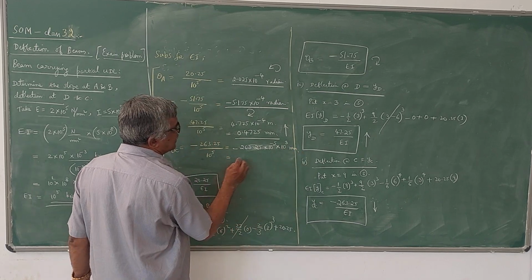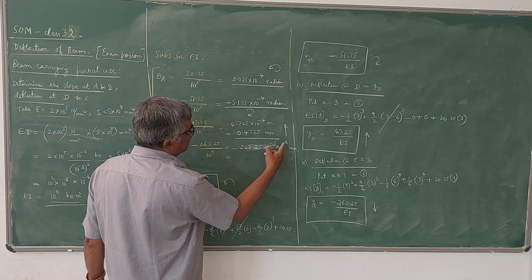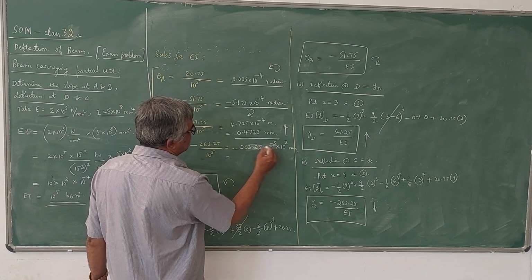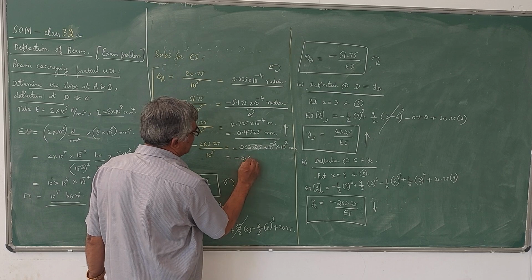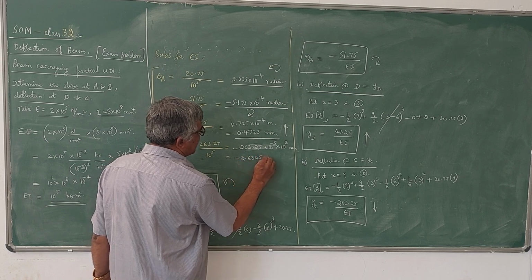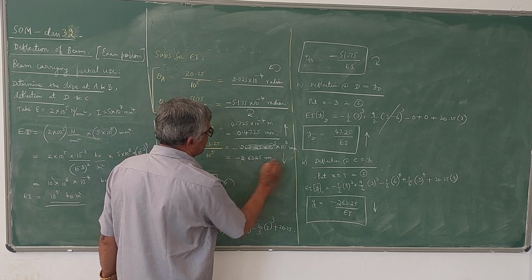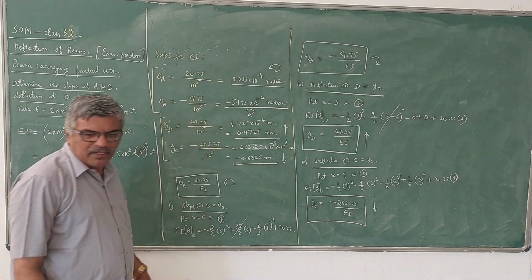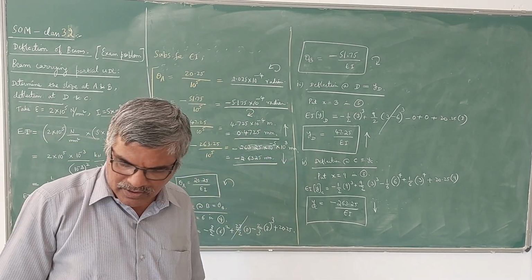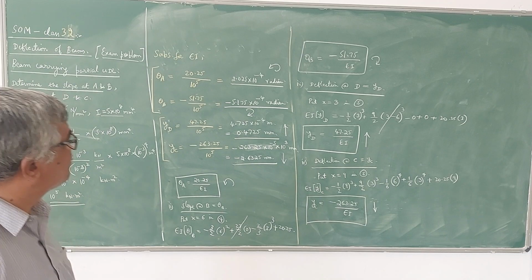That means it is 10 power minus 2 here, divided by 100, so minus 2.6325 mm, a downward deflection because it is negative. So these are the values we get as slopes and deflections.